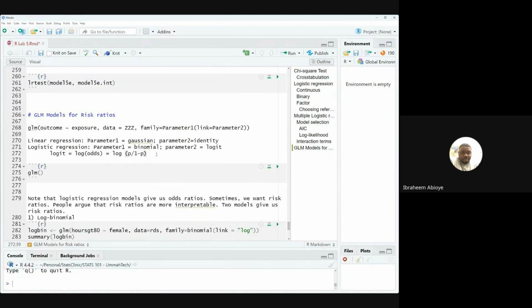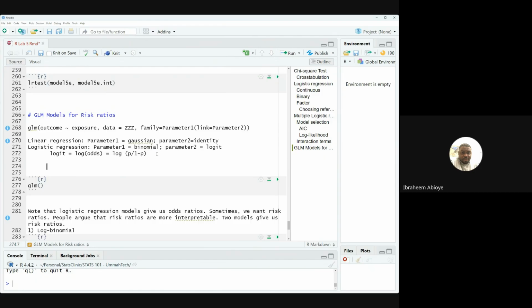But because they broke down often, and because they're kind of complicated to calculate by hand, people will generally prefer to use logistic regression. But today, in many cases, you're able to implement these models in R and in software. So people are beginning to talk about them more often. So today we'll talk about log binomial.